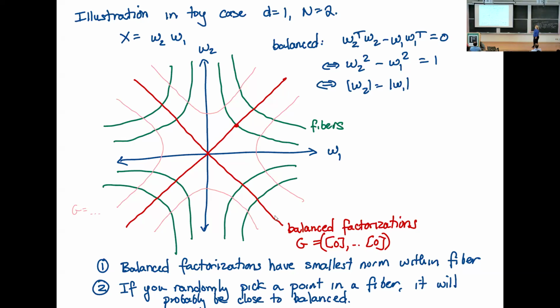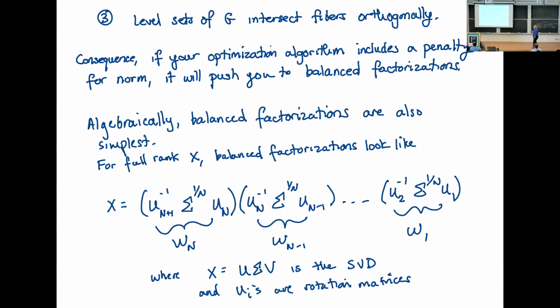Say you're on a particular fiber and you're randomly picking a point in that fiber according to a Gaussian distribution centered at 0. You're going to be most likely close to the balanced one. Point 3: these 2 different collections of objects intersect orthogonally.